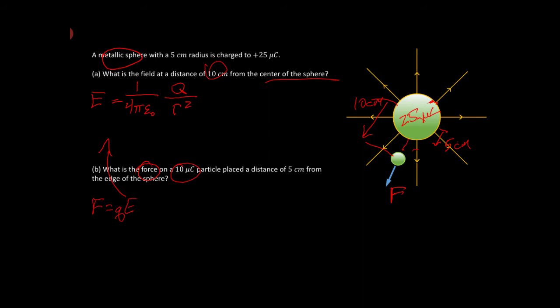So larger charge, more field, more distance, less field. So charge and field are not the same thing. Remember that. I know somebody who was really quite good at all this stuff, but he had a problem differentiating between electric charge and electric field. And so if he was good at this stuff and he had that problem, you might too.